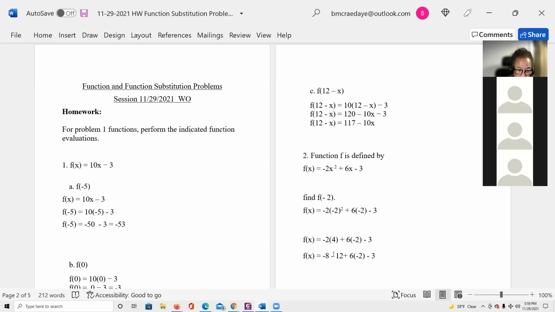So we have minus 8, minus 12, minus 3. What is that equal to? Minus 23. Do you follow it? Minus 20 minus 3 equals minus 23.